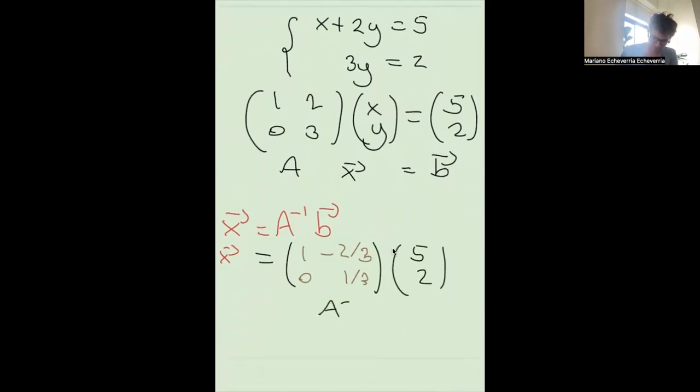So this is A inverse b. So x has to be, and then you just do this multiplication.